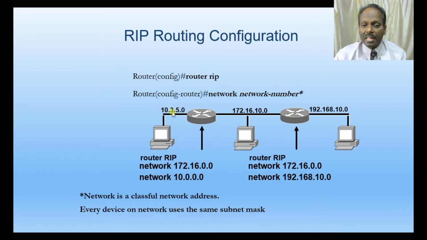Thereby, identifying that the remote network 10.3.5 is not available to this particular router, it will update the information. Similarly, after 30 seconds, this router is also configured for RIP, so it also transmits to the adjacent router. Then all these routers after a period of time get automatically updated. In this way, the Routing Information Protocol works in identifying the remote networks.